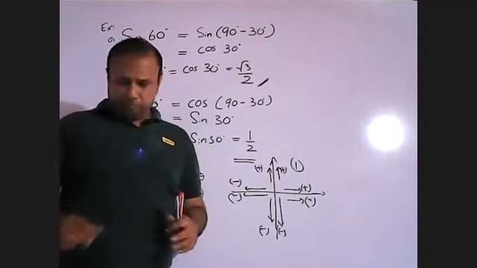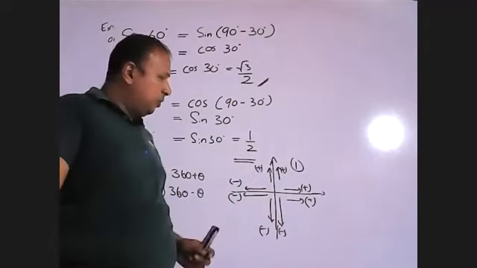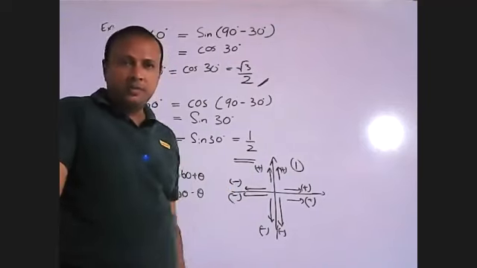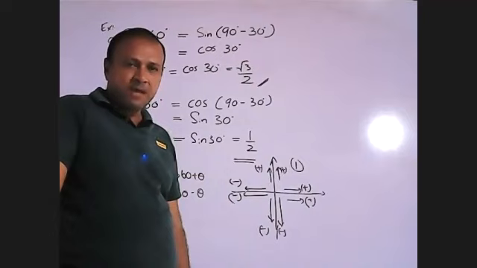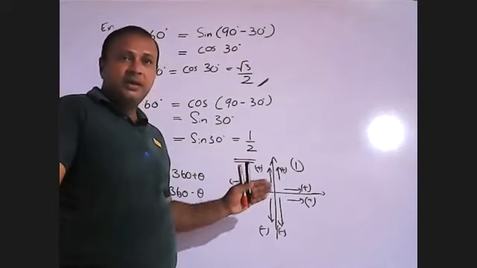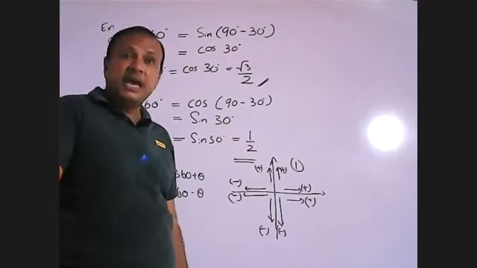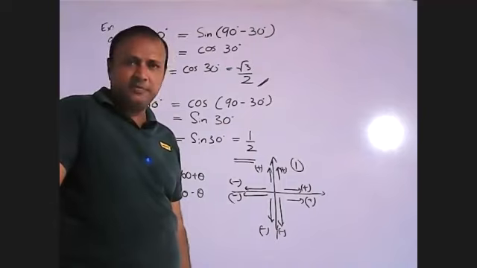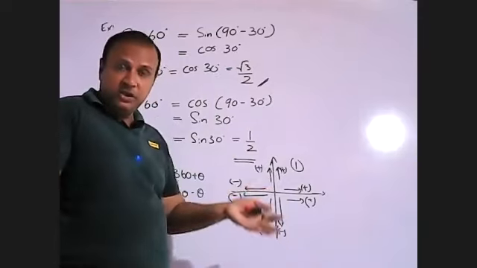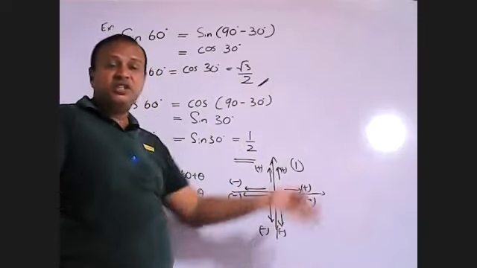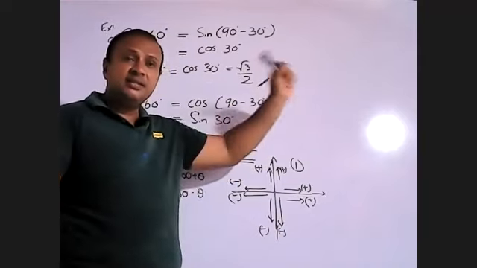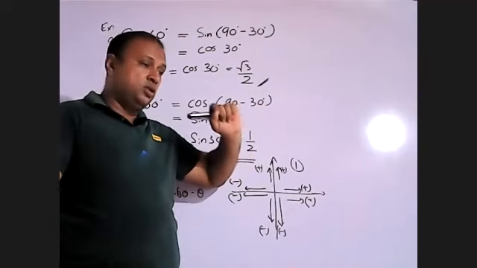Actually it is not the opposite one, because we don't want to consider the opposite quadrant. Actually we want to verify the signs of x and y, because according to circular definitions, sin theta is equal to the y value and cos theta is equal to the x value.